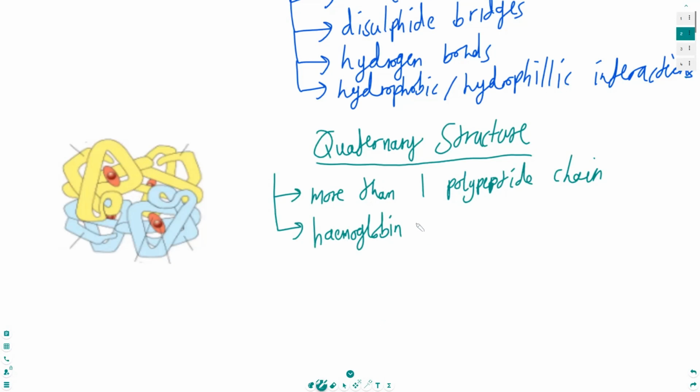Hemoglobin is an example of a globular protein. It's also known as a conjugated protein.